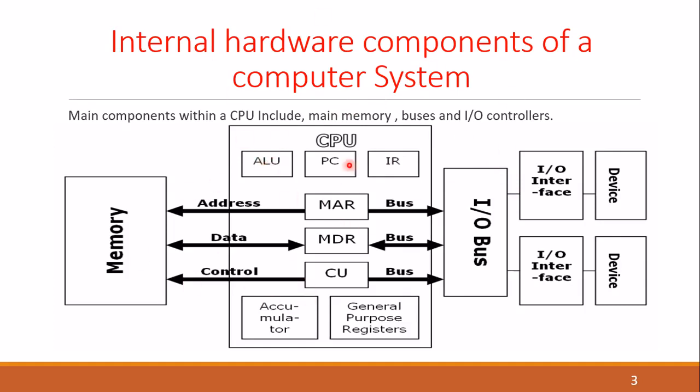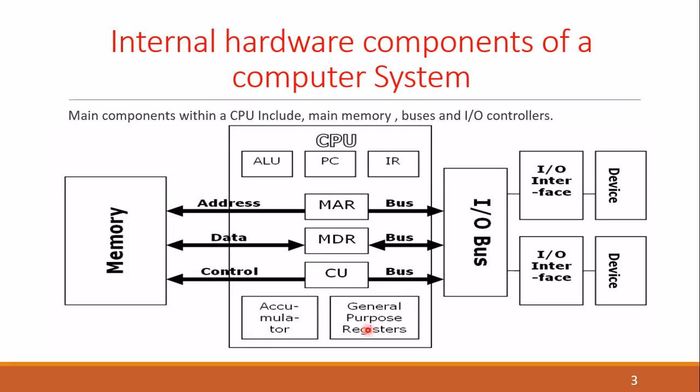What is inside the CPU? The ALU, arithmetic logic unit, program counter, and instruction register. The program counter and instruction register are registers. The ALU is a component of the CPU, and so is the control unit. The memory address register and memory data register are also registers.